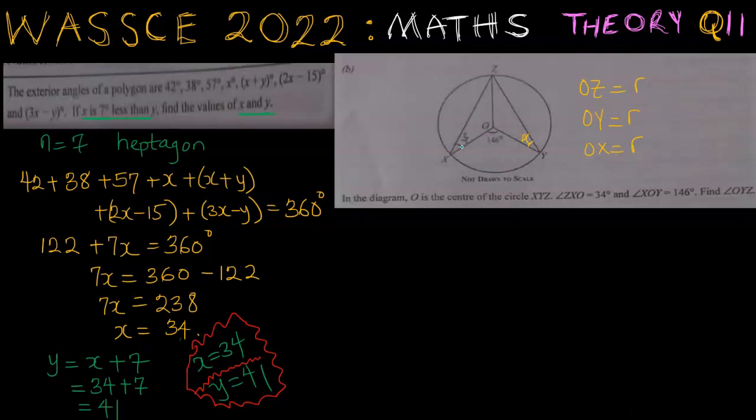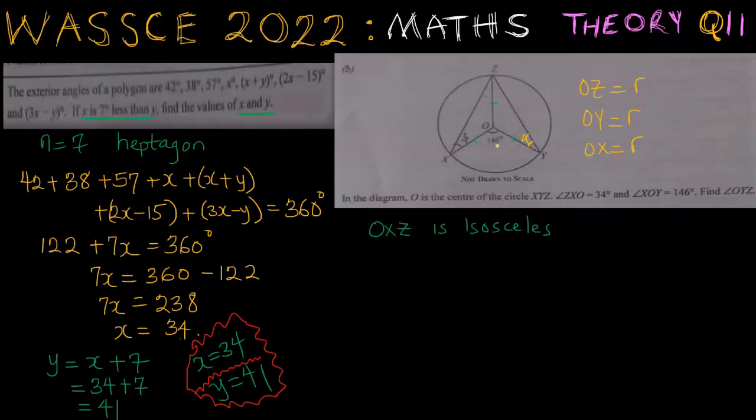And since we are dealing with the same circle, the radii would always be the same. Thus, I'm going to have one stroke each to show that all 3 lines are the same. Now, the implication of this is that this triangle here, OXZ, I'm going to shade it in green. This triangle OXZ is isosceles.